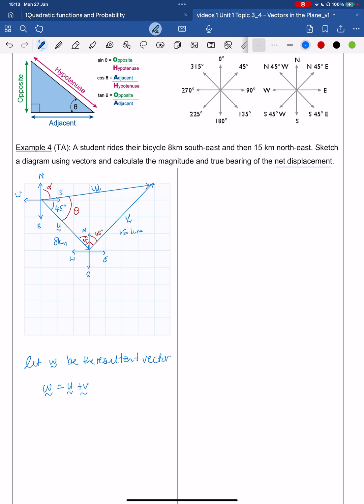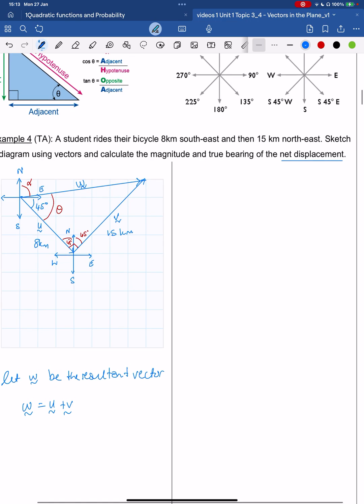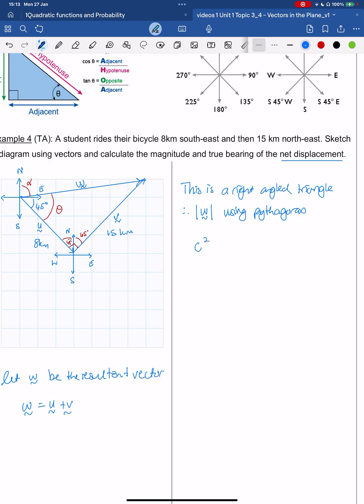Okay, so let's start. I'm going to communicate that I know this is a right angle triangle. And so therefore I can find my magnitude of W using Pythagoras. And that means I've got C squared is A squared plus B squared. Notice that my W is my hypotenuse.